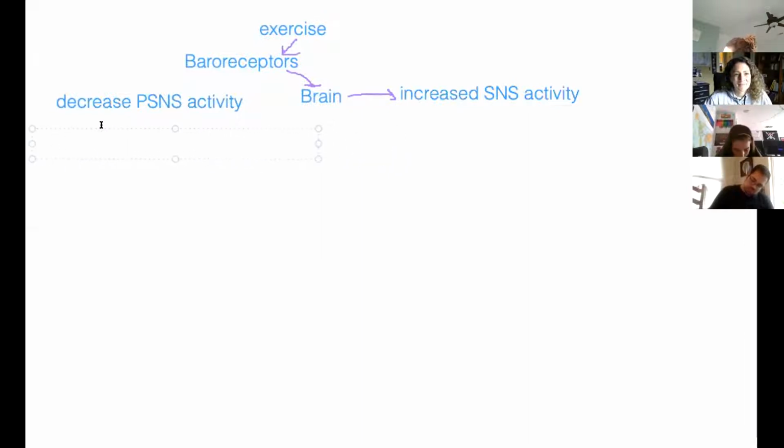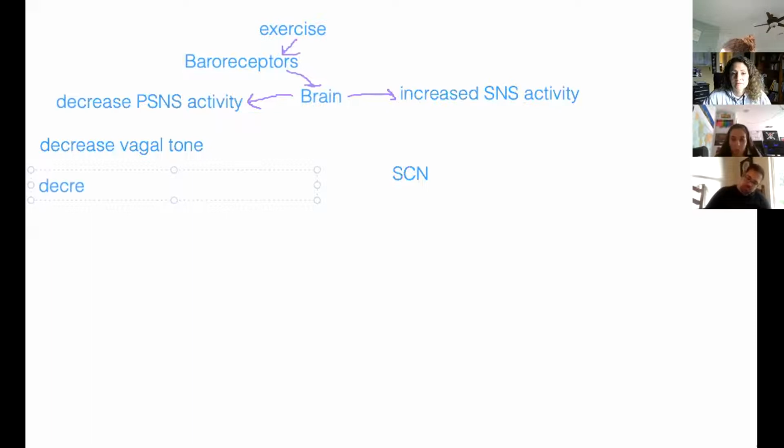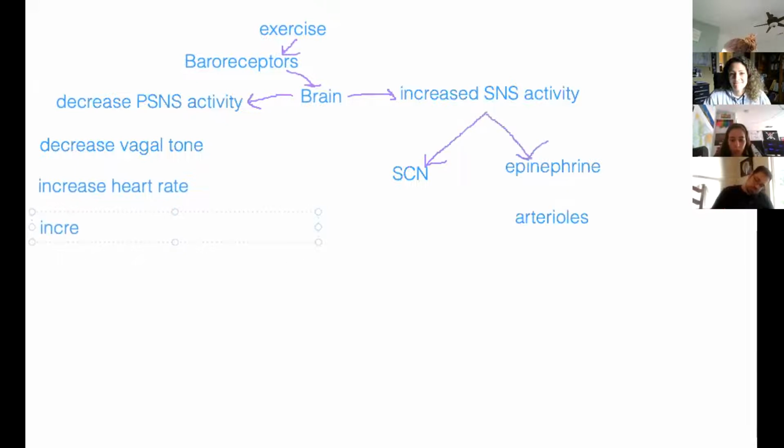This is kind of fun to collaborate on. Remember that on the test, you will not be able to abbreviate these things. So you'll have to write them out and spell them correctly. We're missing something in between vagal tone and heart rate. SA node. Oh yeah.